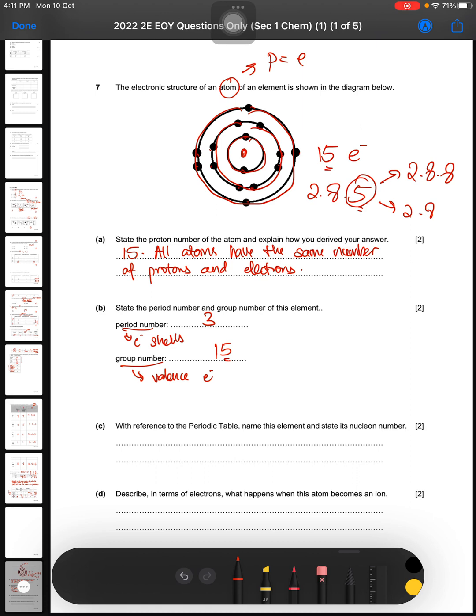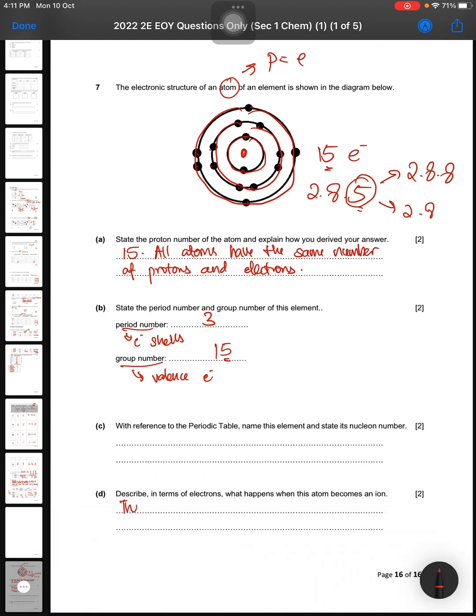So what happens, we tell them that the atom will gain 3 electrons. But we don't just stop there because this is a 2 marks question, so we give a little more substance. The atom will gain 3 electrons to form an ion of formula P3 minus.